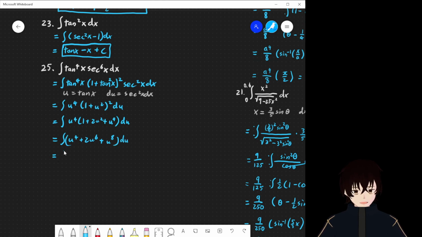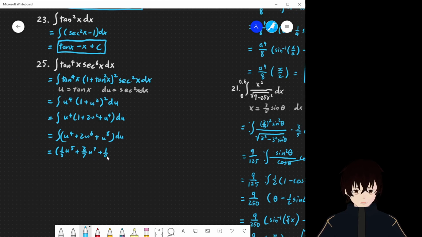Easy enough to integrate. We get 1 over 5 u to the power 5 plus 2 over 7 u to the power 7 plus 1 over 9 u to the power 9.